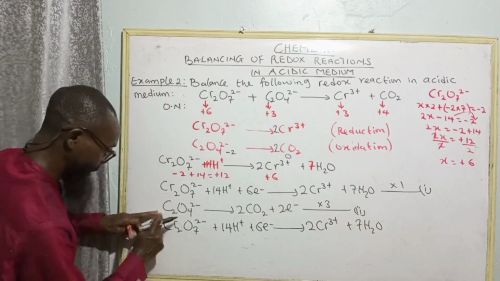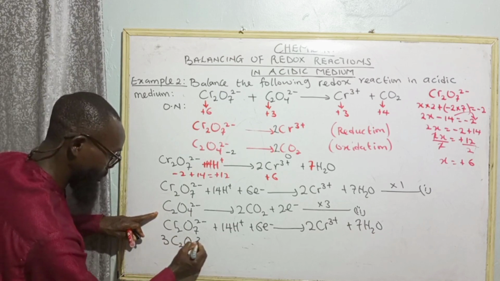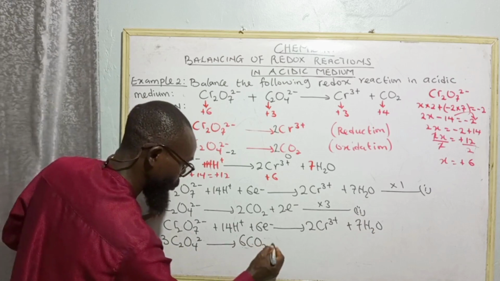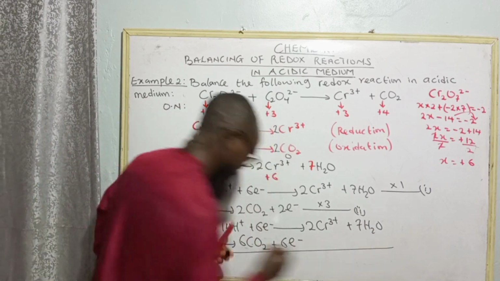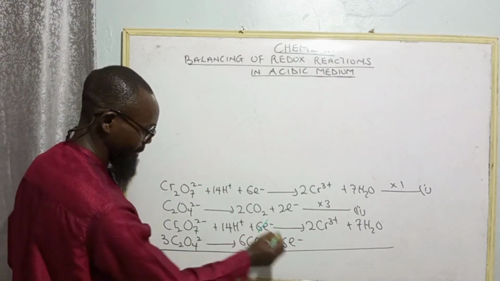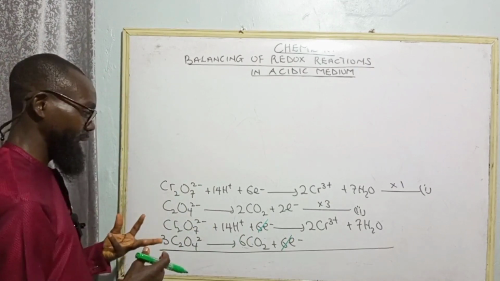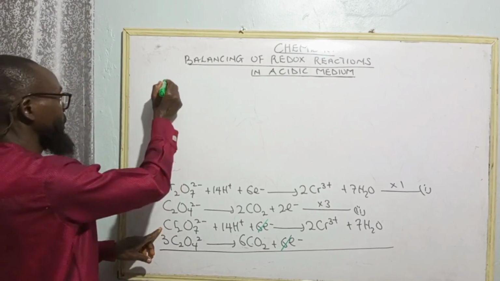Now 3 times this, we have 3C2O4 2 minus moving to 6CO2 plus 6 electrons. So we add. At this junction, 6 electrons cancel 6 electrons. Then we combine the equations, the reactants together and the products.